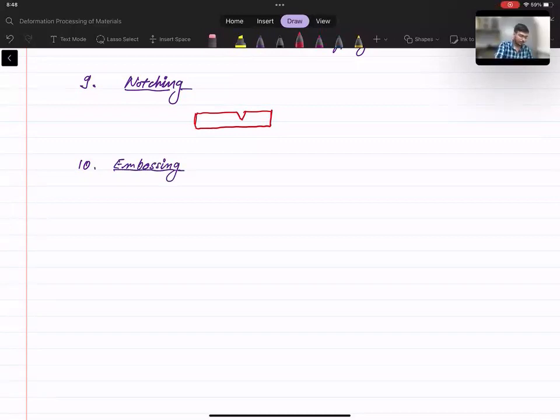So suppose we had again a sheet or blank like this, and onto this, suppose a shape like this has been formed.